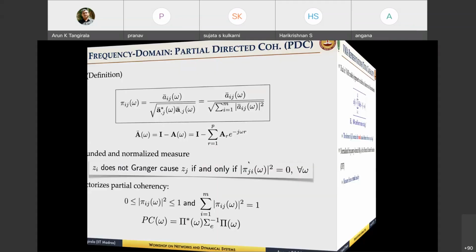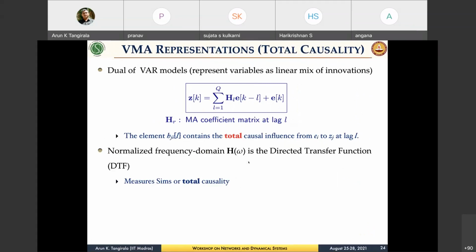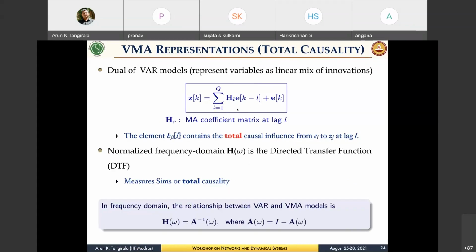On the other hand, instead of using VAR models, you can use VMA models, known as vector moving average models, which are slightly more cumbersome to estimate, but not impossible. If you estimate a VMA model, then you can directly come up with the Sims causality, interestingly.